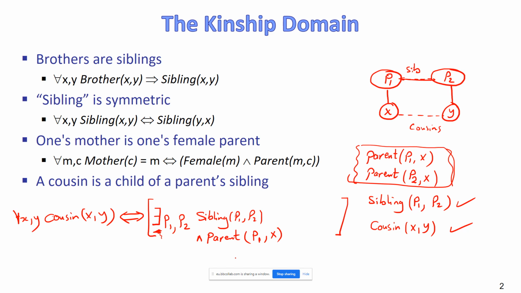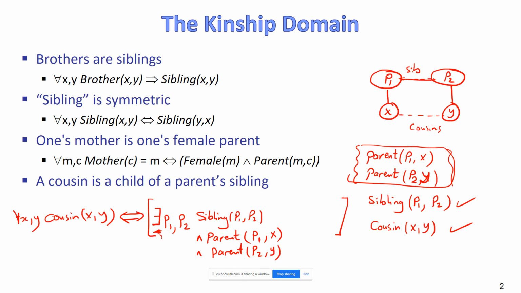So now P1 is a parent of x, yes, and parent P2, comma, okay, so this should be y, so comma y.